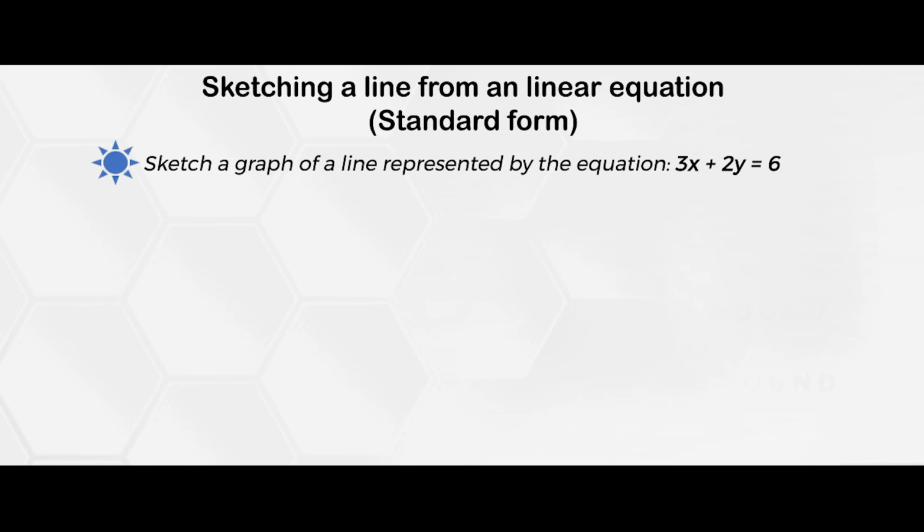Now this equation is in standard form. We begin by finding our x-intercept here. How do we find the x-intercept? What is the unique condition for our x-intercept? No matter where the x-intercept is, the value of y is always 0. So we substitute y equals 0 to find the x-intercept.